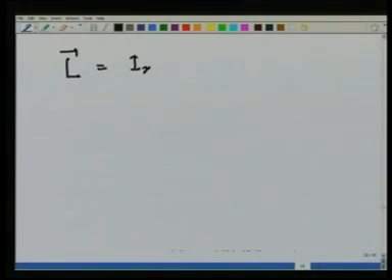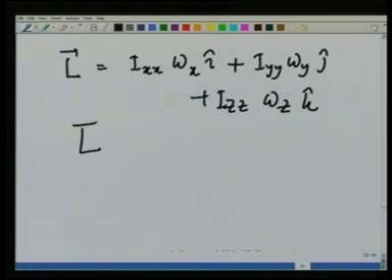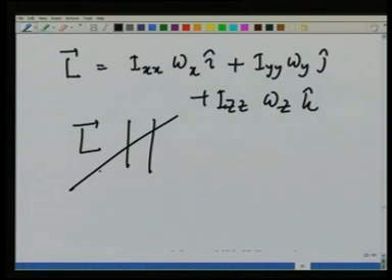What you notice in these two examples is that if L is written as I xx omega x i plus I yy omega y j plus I zz omega z k, L is not parallel to omega unless all these I's happen to be equal.